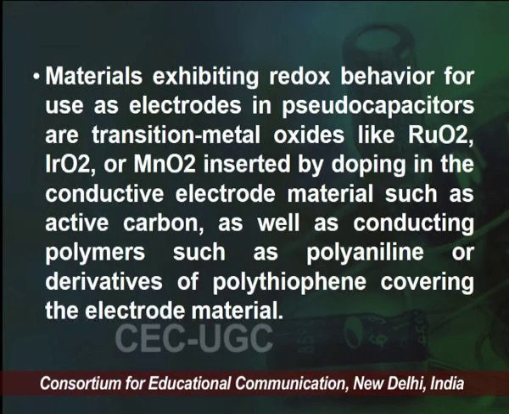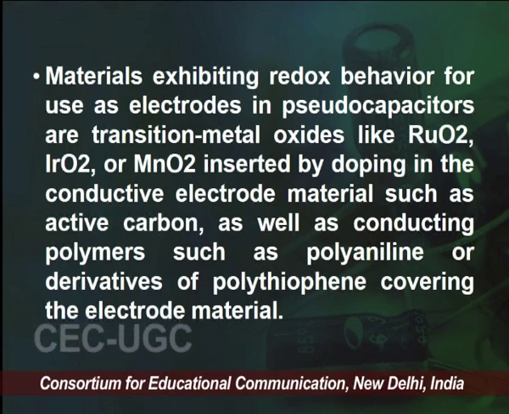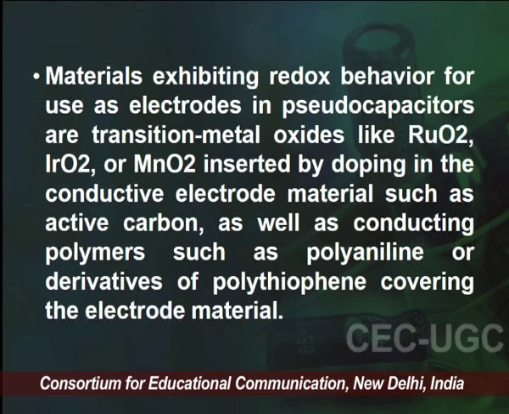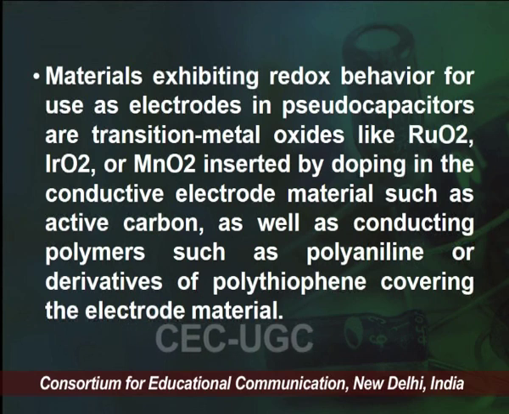Now in the pseudo capacitors, we have materials exhibiting redox behavior. Previously we used the Helmholtz layer, but here we use the redox behavior in the pseudo capacitance. So the materials exhibiting the redox behavior for use as electrodes in the pseudo capacitor are transition metal oxides like RuO2, IrO2, MnO2.